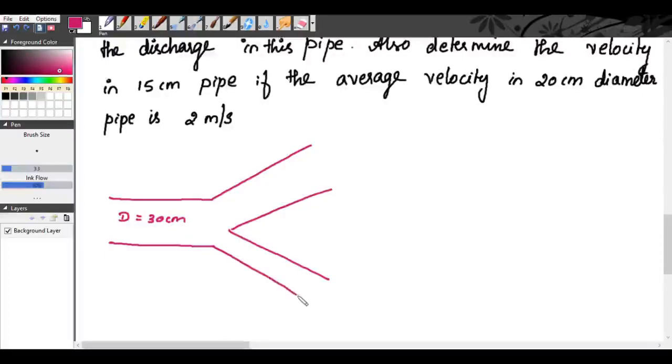Here the diameter is 20 centimeter and another pipe the diameter is 15 centimeter. So we will take these as diameter 1, diameter 2 and diameter 3, D3.